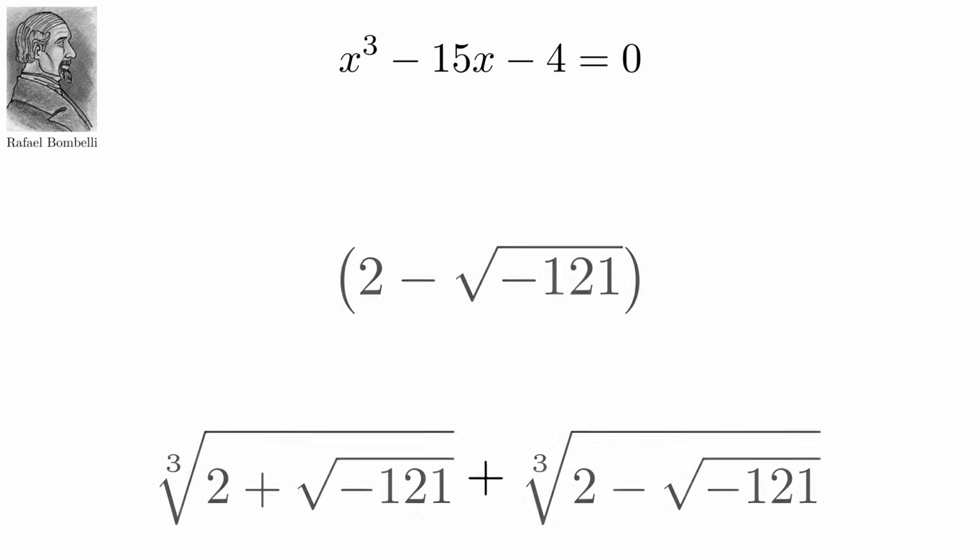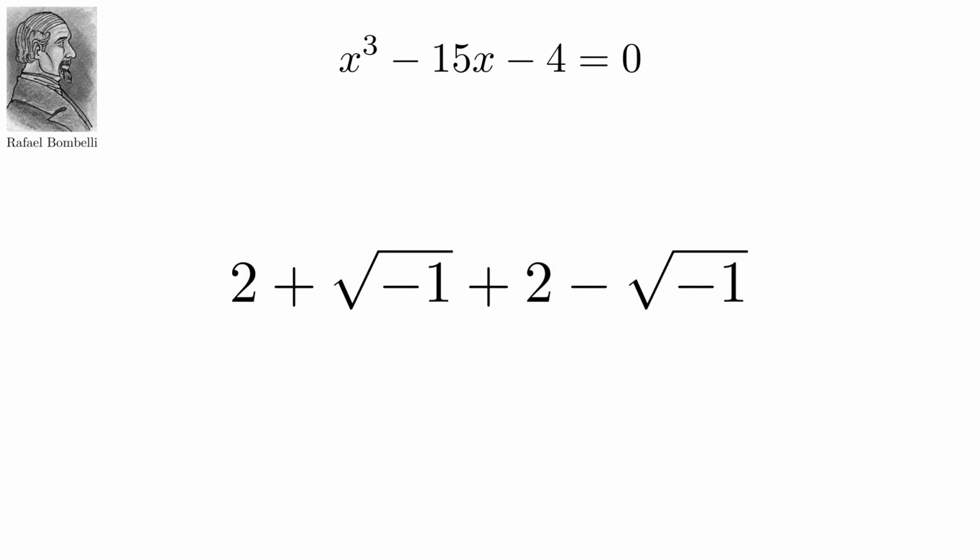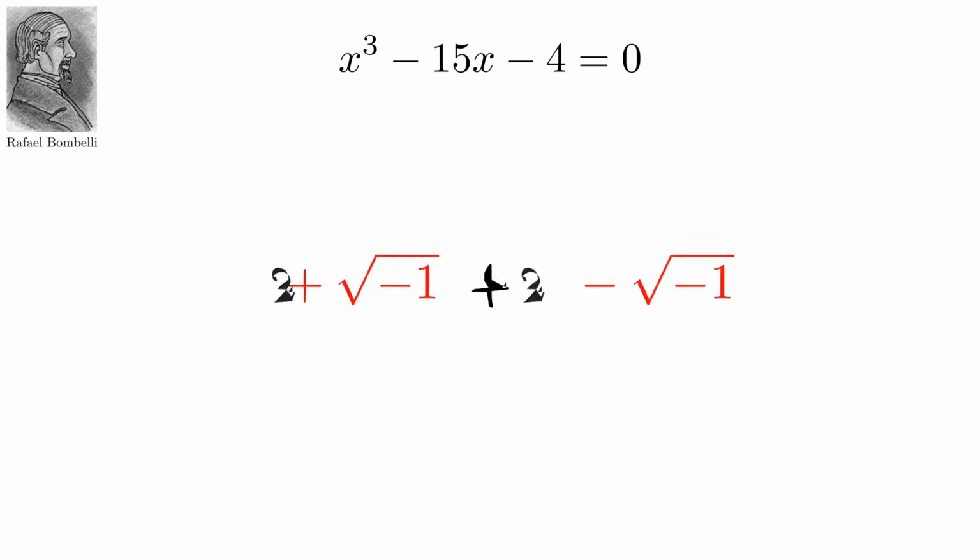Putting these numbers in for the cube roots in the formula, then the formula tells us that 2 plus the square root of minus 1 plus 2 minus the square root of minus 1 is a root of this cubic. But of course, that number is just a complicated way of writing 4, which is what Bombelli had expected.